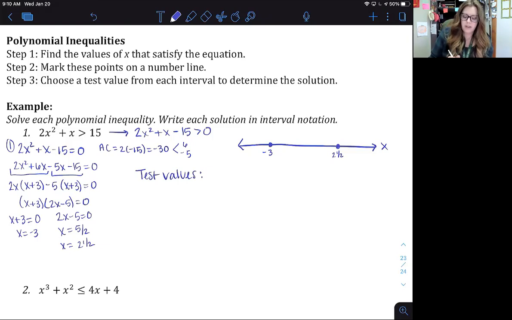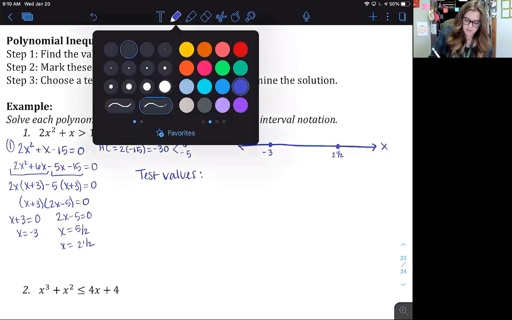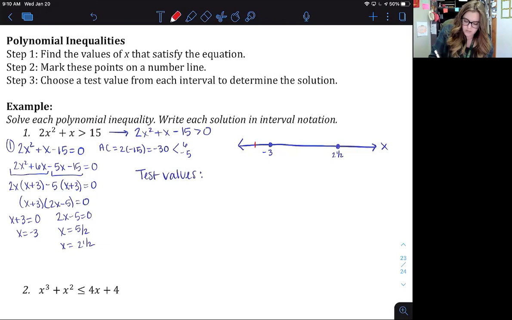Okay, so to find a test value, we're going to pick x values in each of these intervals. So something to the left of negative 3, let's just use negative 4. So when x equals negative 4, we're going to plug this into our inequality. So 2 times negative 4 squared plus negative 4 minus 15 is greater than 0.